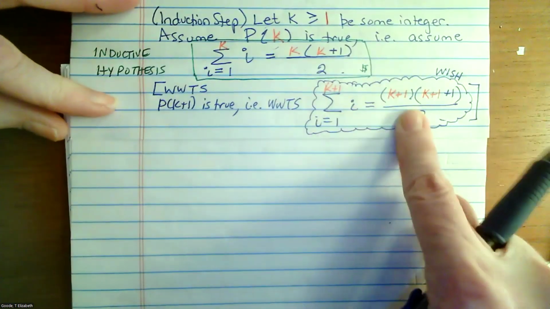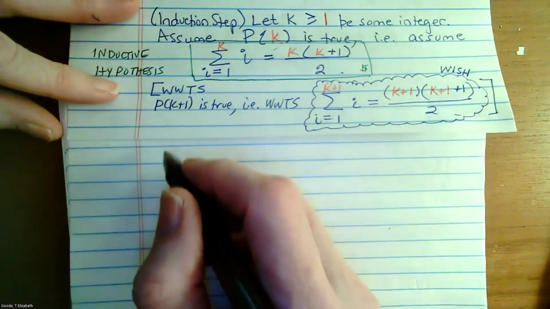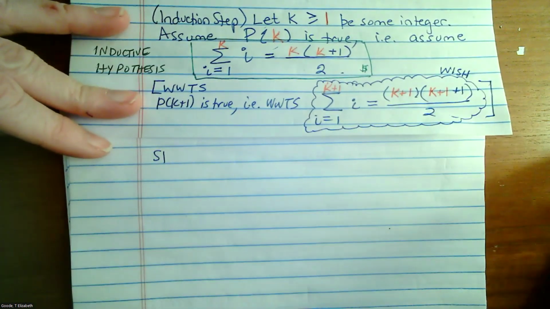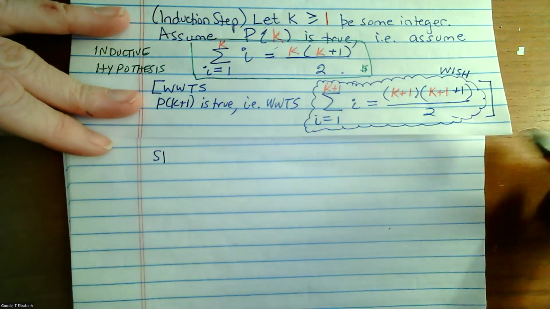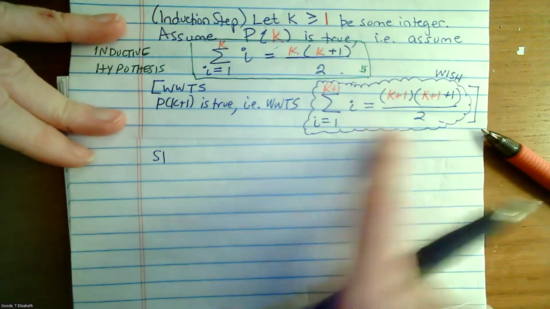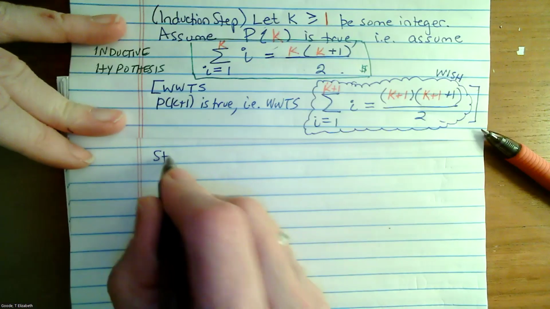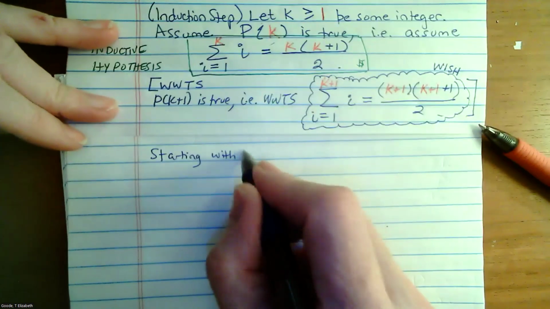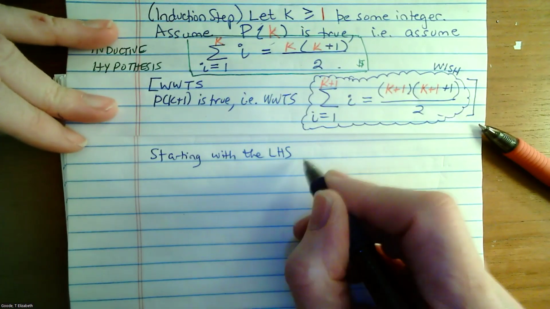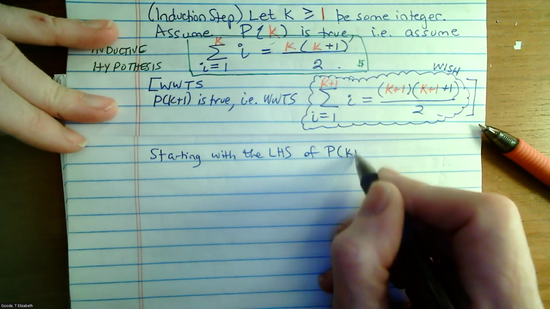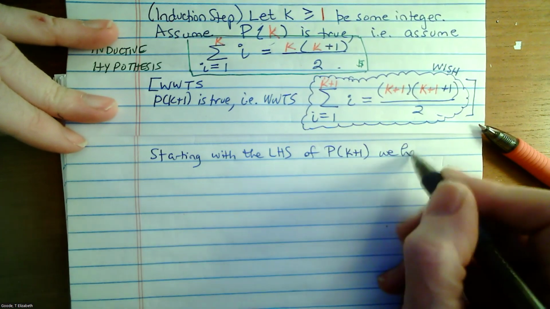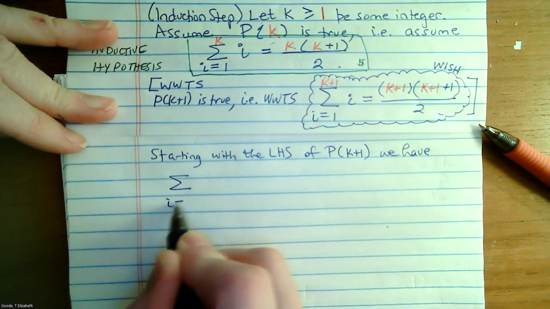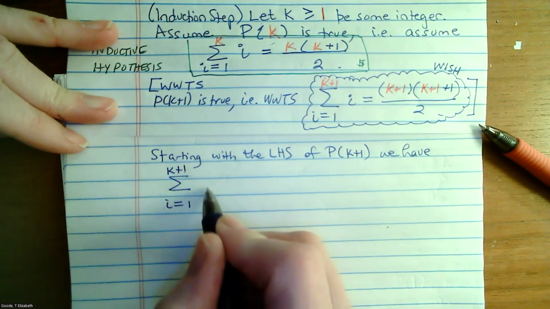All right, so we're trying to prove this. So starting with, tell your reader, we're going to start with the left-hand side of p of k plus 1, because this is p of k plus 1. Starting with the left-hand side of p of k plus 1, we have the sum from i equals 1 to k plus 1 of i.